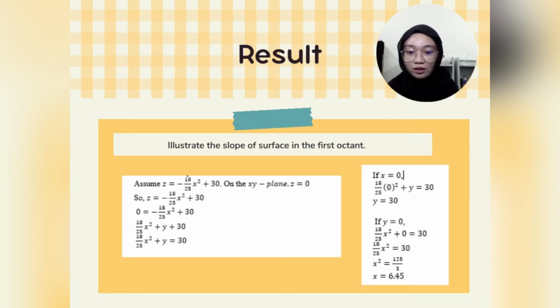We got 18 over 25 x squared plus y equals 30. If x equals 0, we substitute in the equation, so we got y equals 30. And then if y equals 0, we substitute in the equation, so we got x equals 6.45.